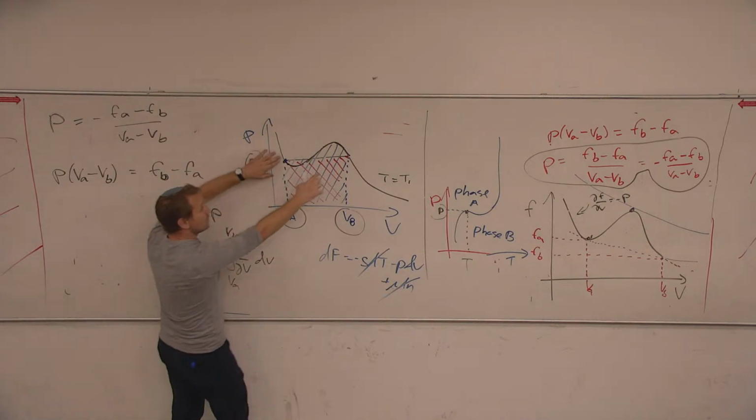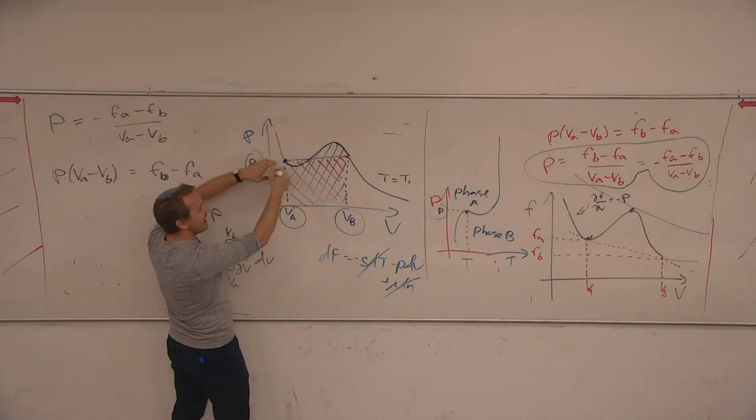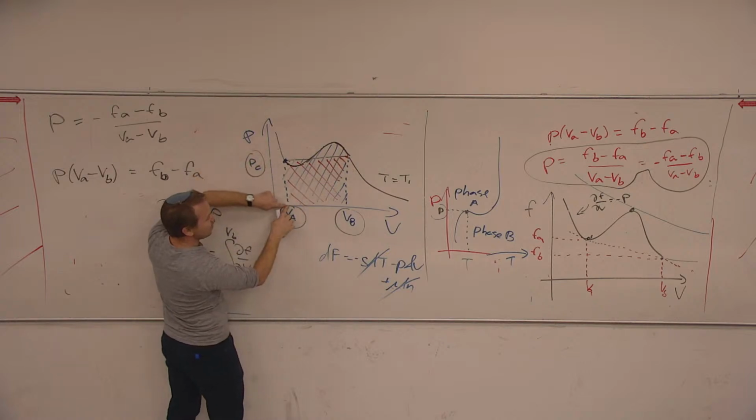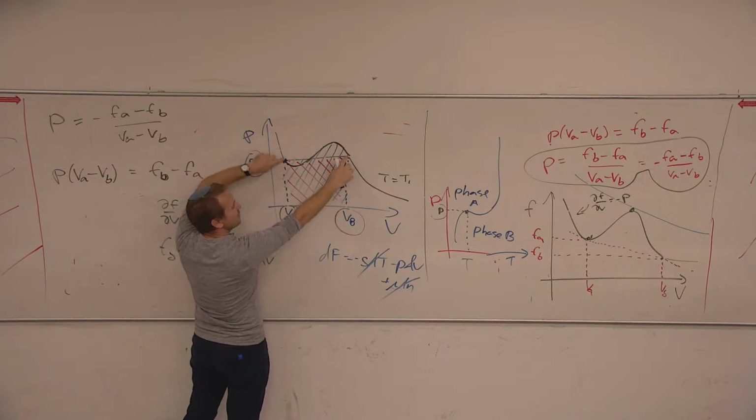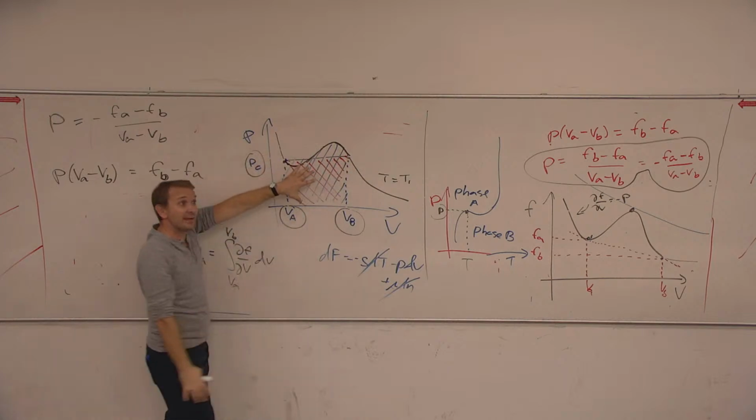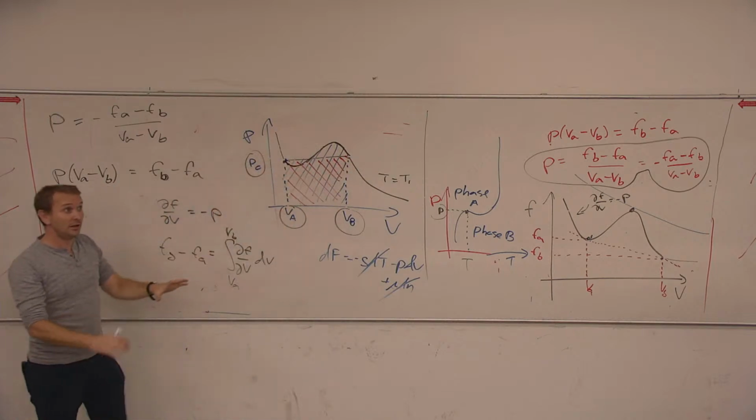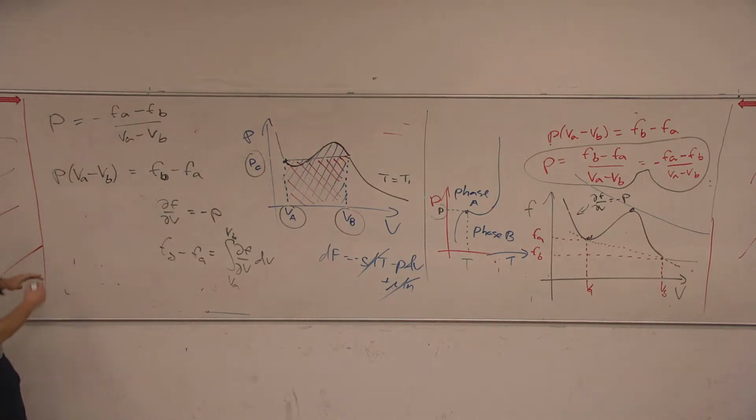Afterwards, what you do, you take the area under the rectangle. So you take the starting point, the end point, and you compute the area under the rectangle over here. This is the red area. And what Maxwell construction means, so this is minus area of VA minus VB.